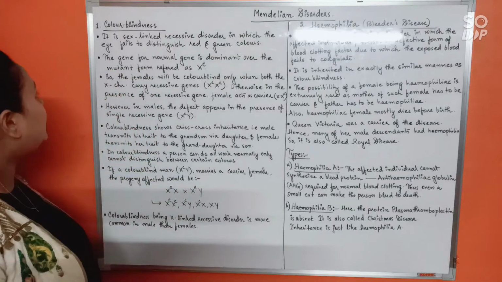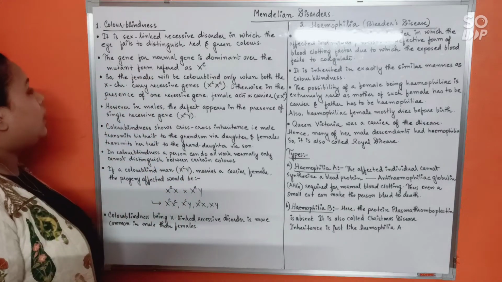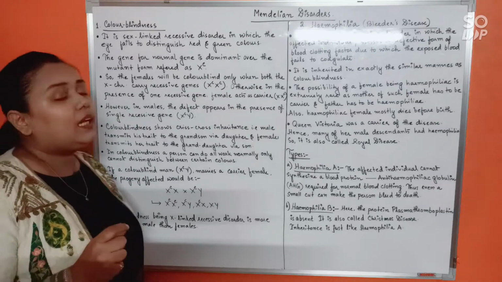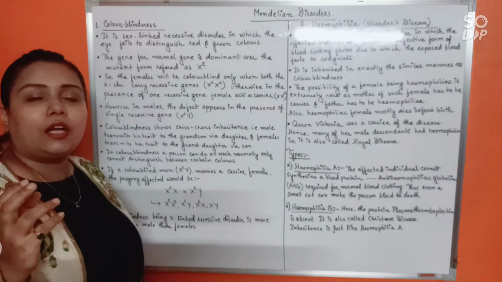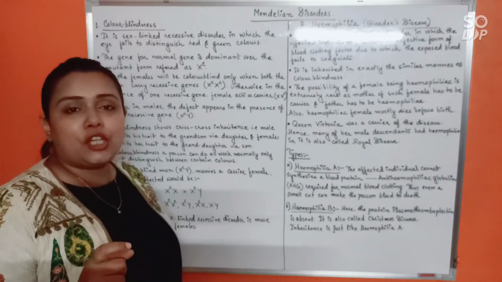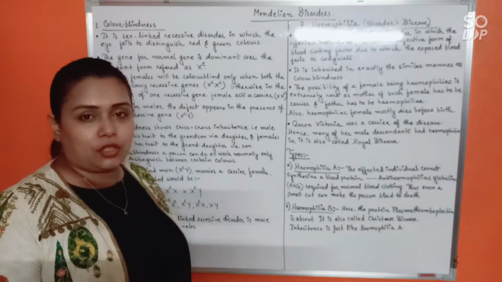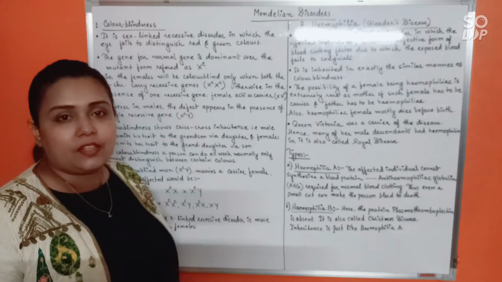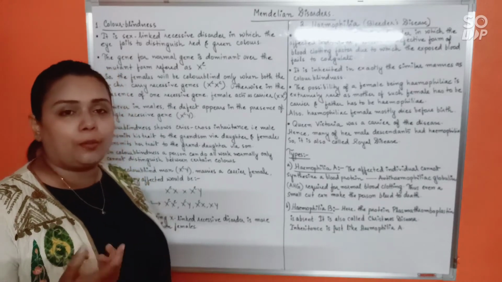Alright, so here the normal gene is dominant. Okay, so basically you already know that a gene consists of 2 alleles, isn't it? And when a gene has not undergone any mutation, when it is in the wild type state, that is what is dominant, isn't it? Wild type itself we call dominant.